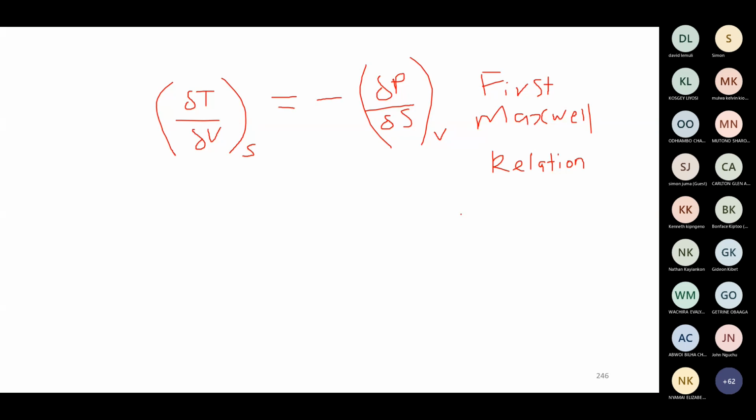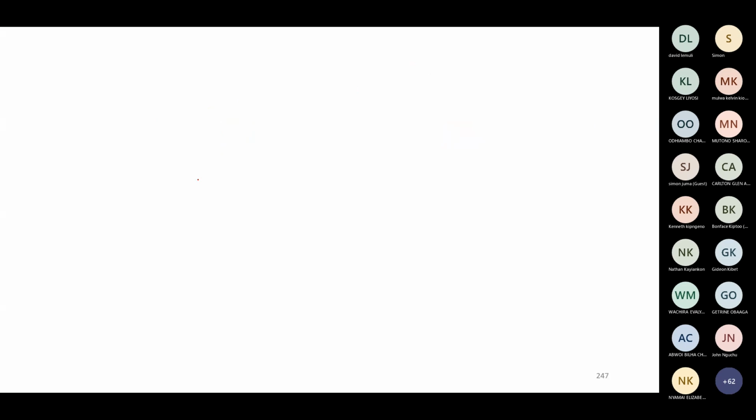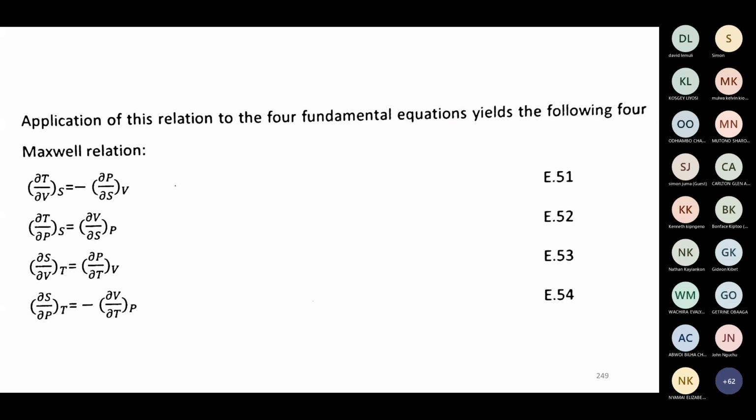So all the others, remember we had four expressions. So all the others, you can also follow the same derivation, and you will end up with three other Maxwell relations. You end up with these four Maxwell relations. This is the first one that we have derived.